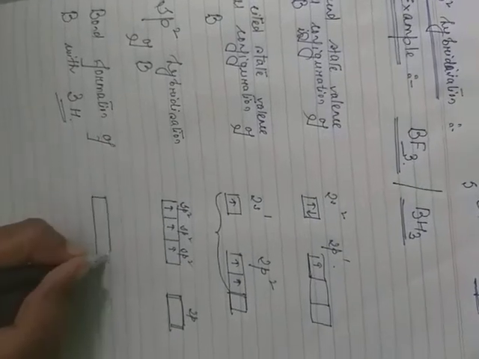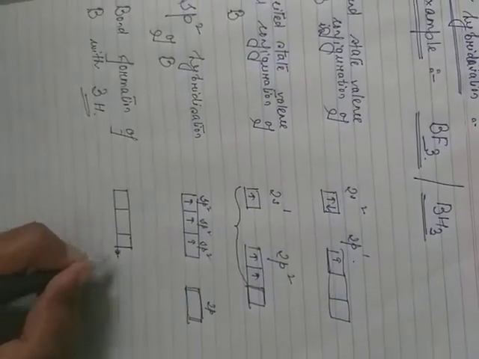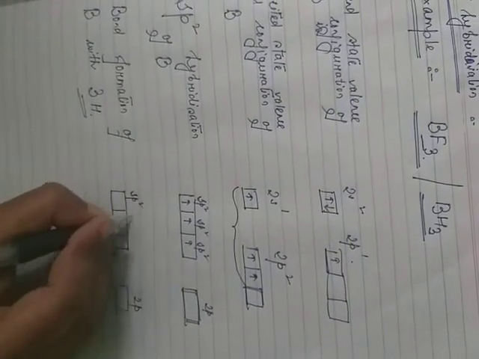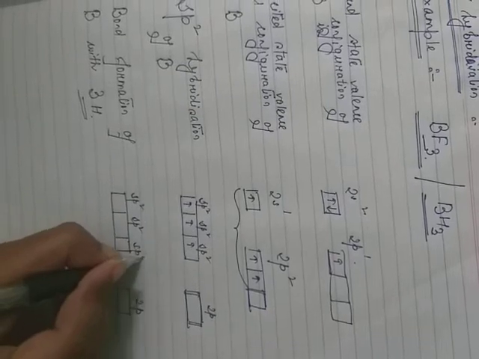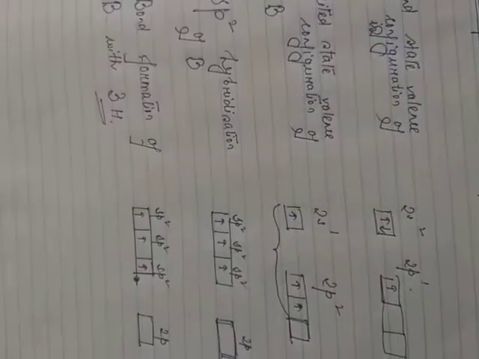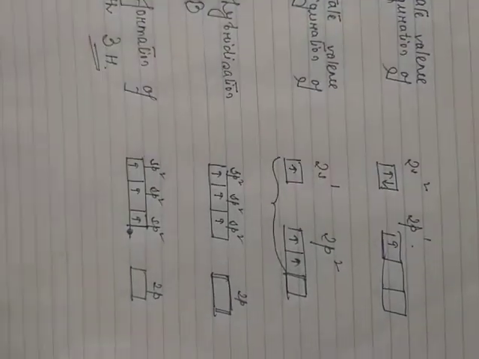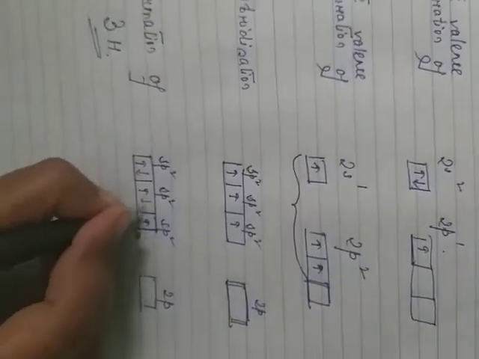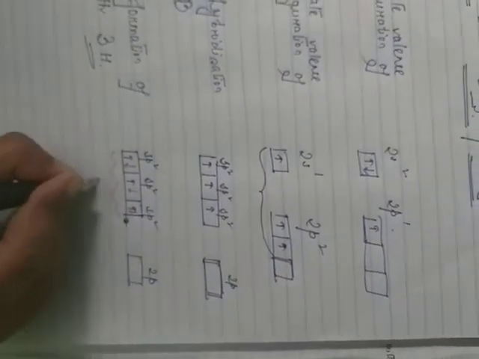So this is forming, there is no problem in the internuclear axis. This is also sp2, sp2 and sp2 with single occupancy of boron, and with hydrogen it is forming, these are the 3 hydrogen, 3 electrons provided by 3 hydrogen.